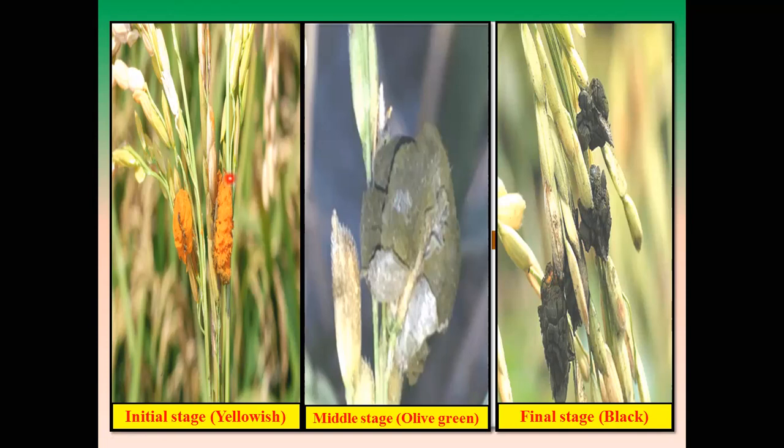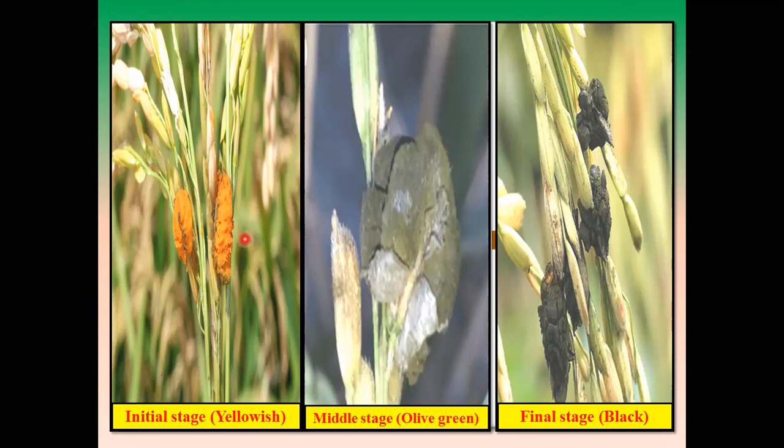Okay, means these pathogens infect the young ovaries of individual spikelets and transform them into large smut balls.